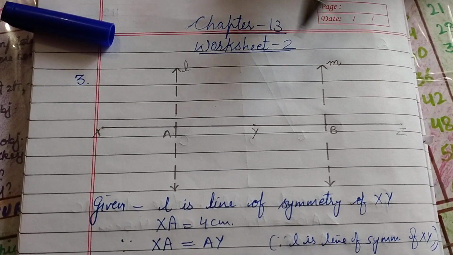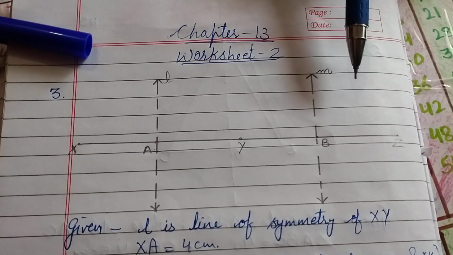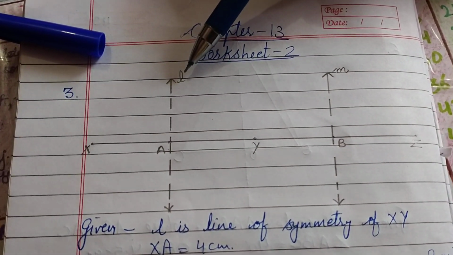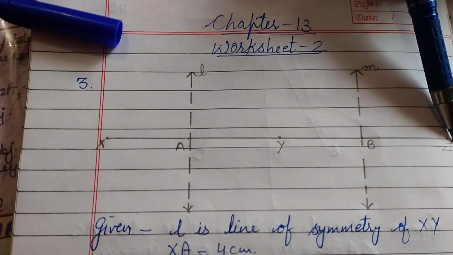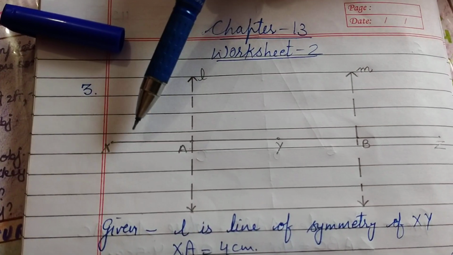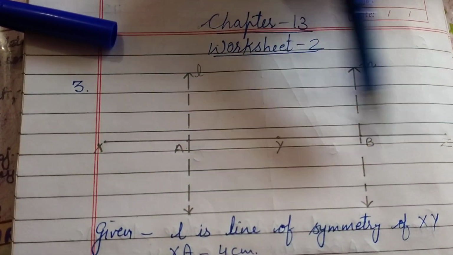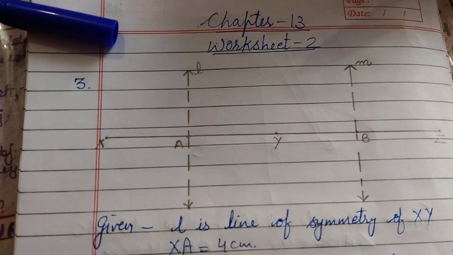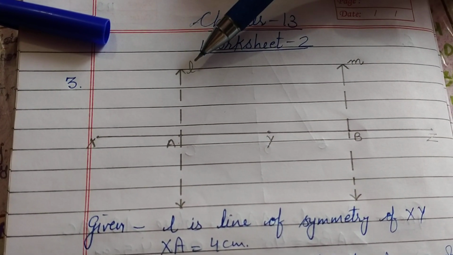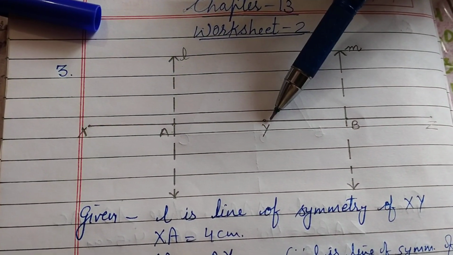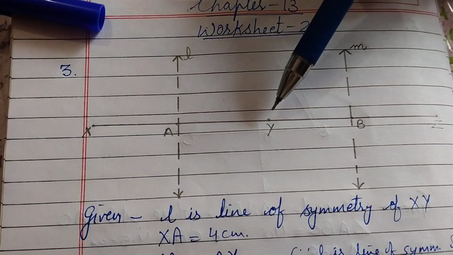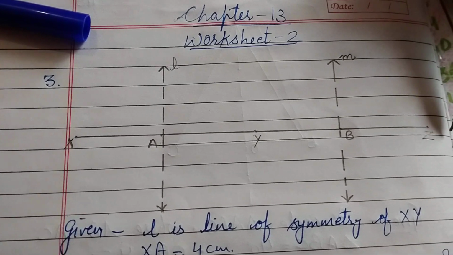In question number 3, this figure is given to you, and this is the line segment XZ. Here Y is the center point of XZ. It is already given that L is the line of symmetry of XY and M is the line of symmetry of line segment YZ.